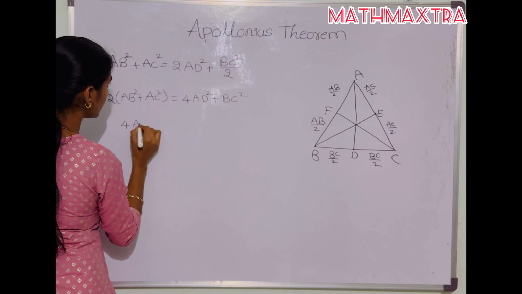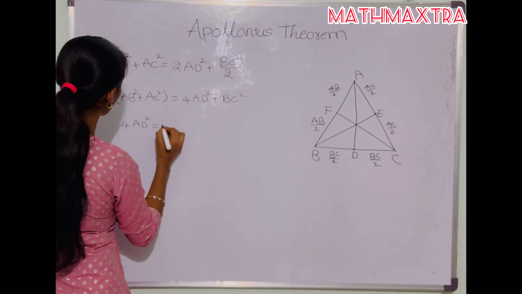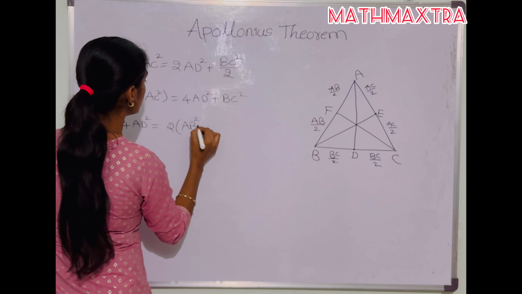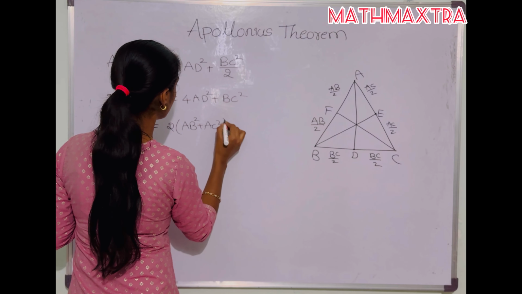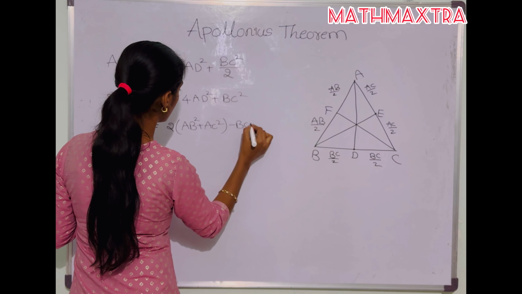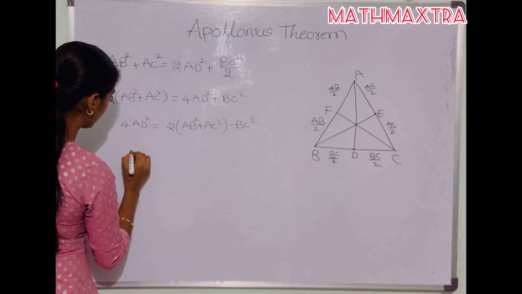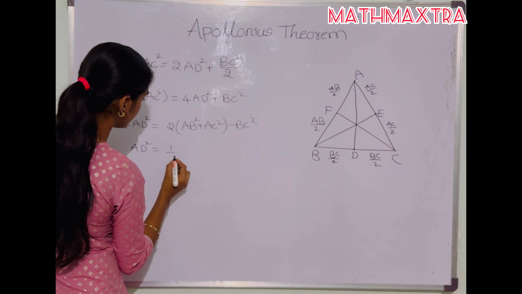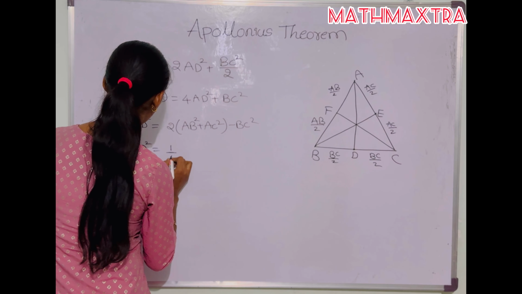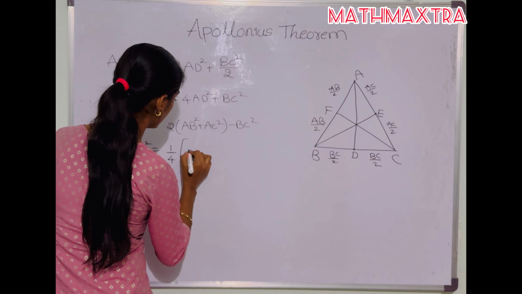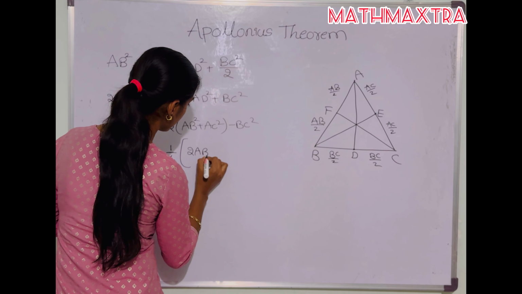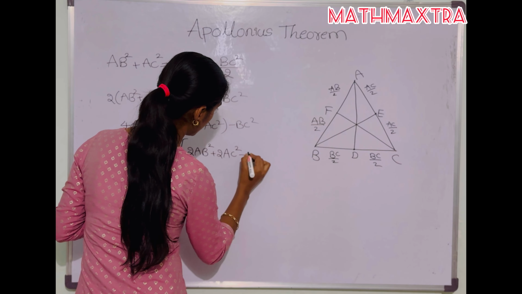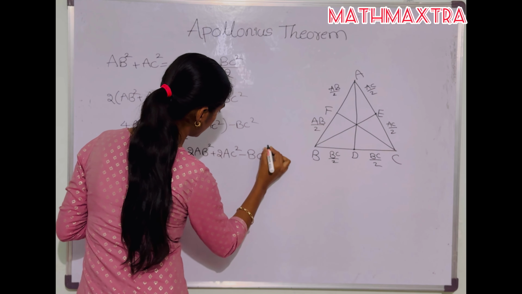So 4 times AD square is equal to 2 times AB square plus AC square minus BC square, which gives AD square equal to 1 by 4 times 2 times AB square plus 2 times AC square minus BC square, isn't it?